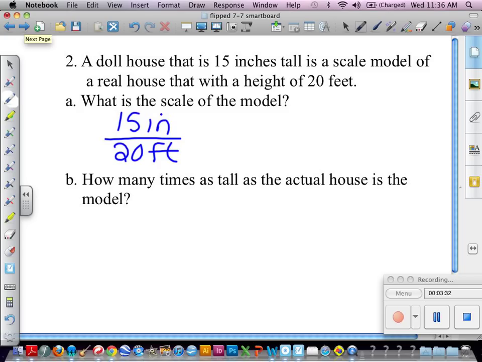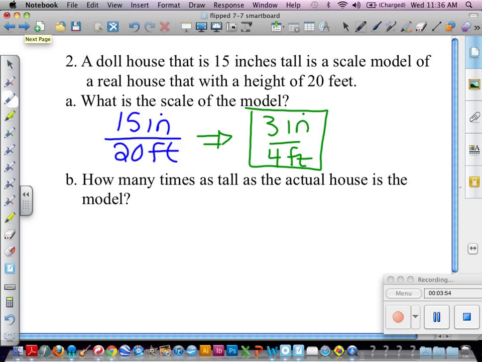Now you can go ahead and reduce that. Divide everything by 5. So 3 inches over 4 feet is that scale.